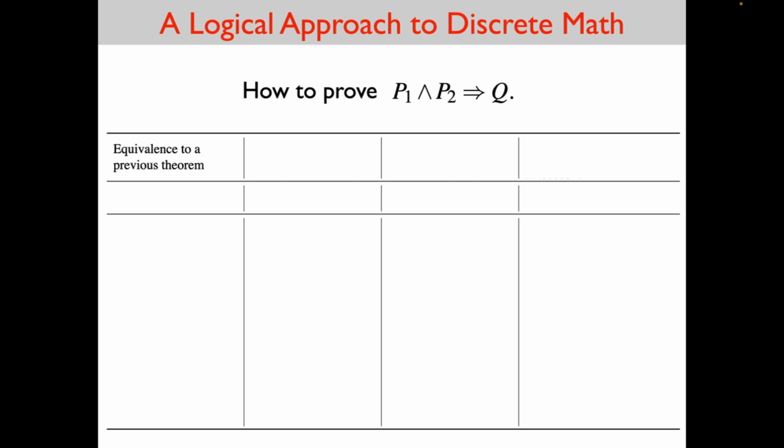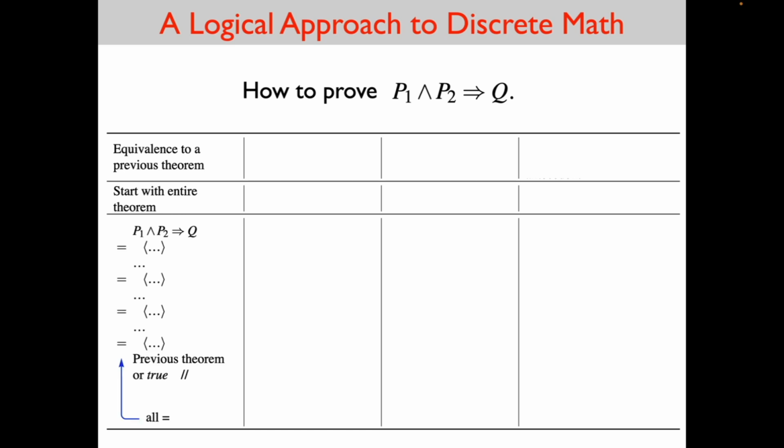Do you remember when we explained how a theorem is proved? We said that it was equivalent to a previous theorem, and some of the proofs that we do, we still use this technique. We start with the whole thing. So if we use this technique, the equivalence to a previous theorem, then you start with the entire theorem. Here's how the proof would look.